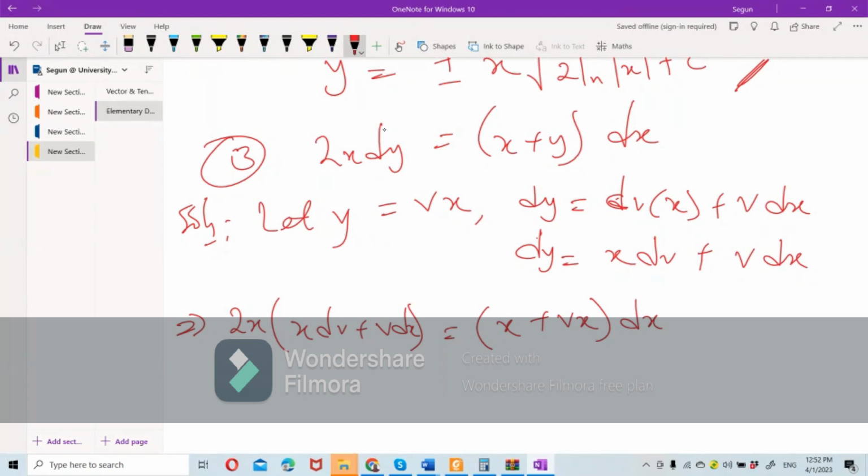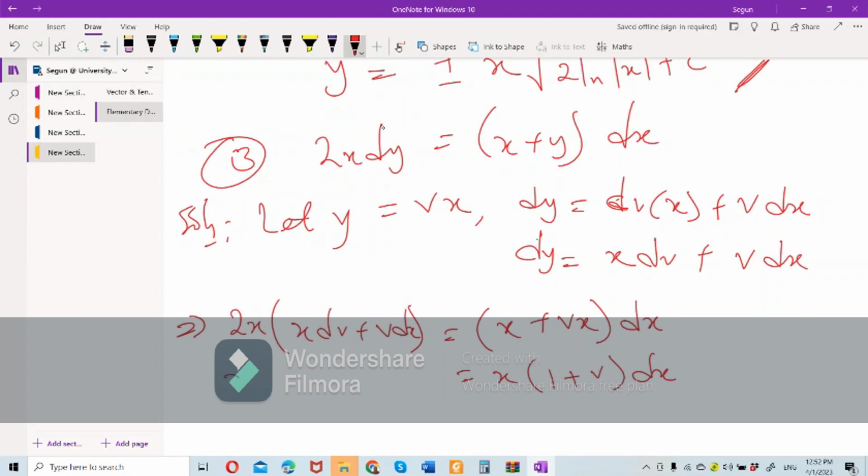In this case now, s is common. I can factorize s out, say 1 minus plus v dx. But in this case now, I have 2s in bracket x dv plus v dx.